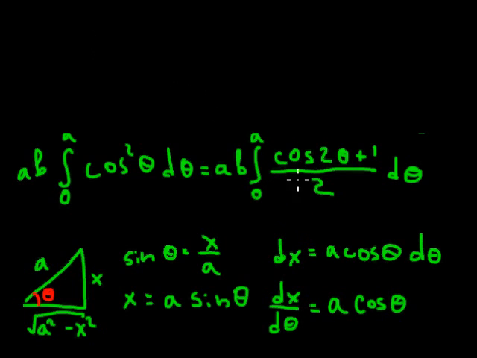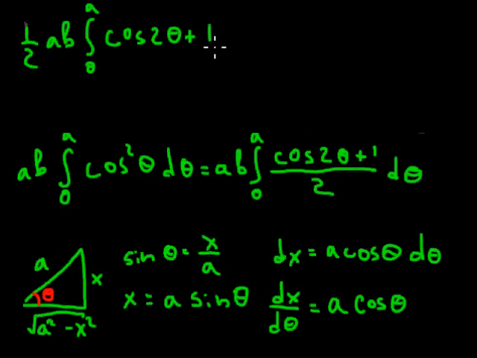So we get 1/2 a b integral 0 to a, and this stuff is left, cos 2 theta plus 1 d theta.